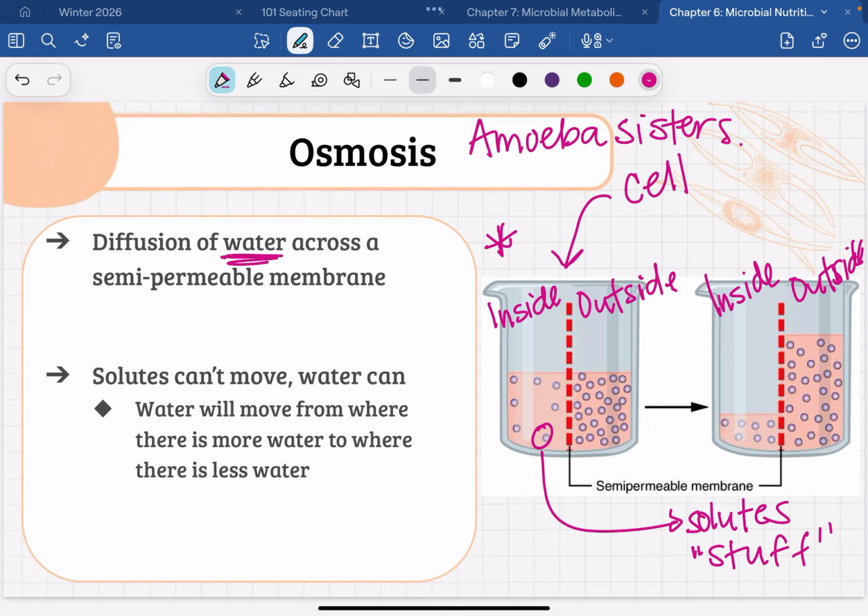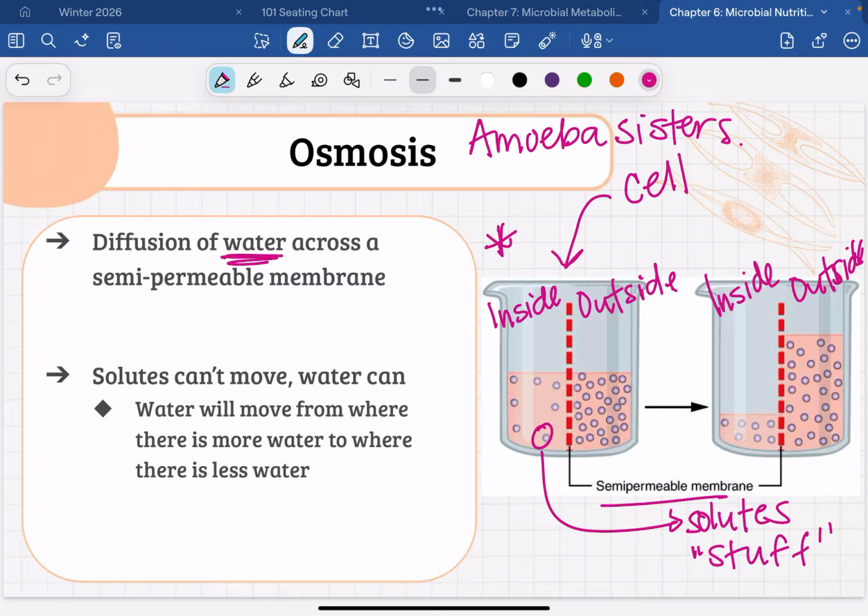But if we're looking at this in terms of solutes, the inside of this cell has less solutes than the outside, right? So if you look at the picture, the inside has what, 1, 2, 3, 4, 5, 6, 7 things floating in it. The outside has more than 7, very clearly, okay? Now, the natural world wants this to be equal. But the problem is that because we have added this semi-permeable membrane, the stuff can't move, all right? So this stuff, whatever it is, we'll say it's a protein. This protein can't move.